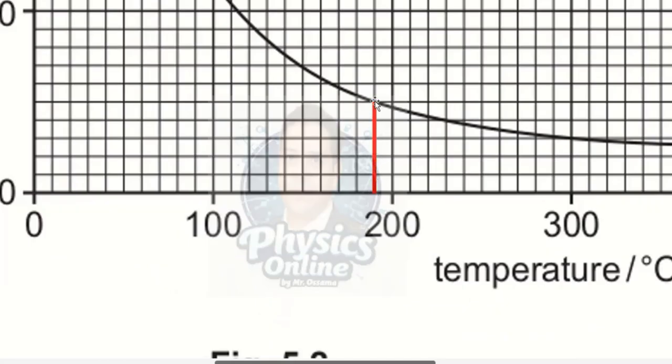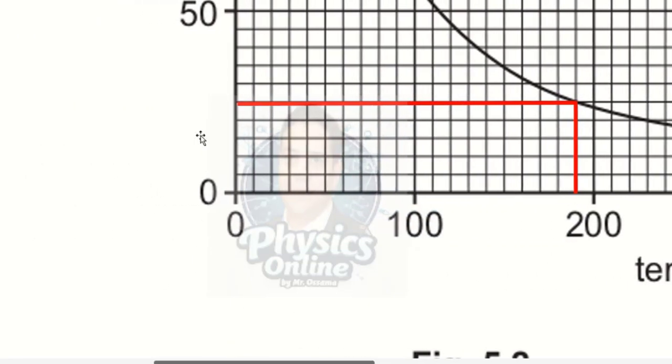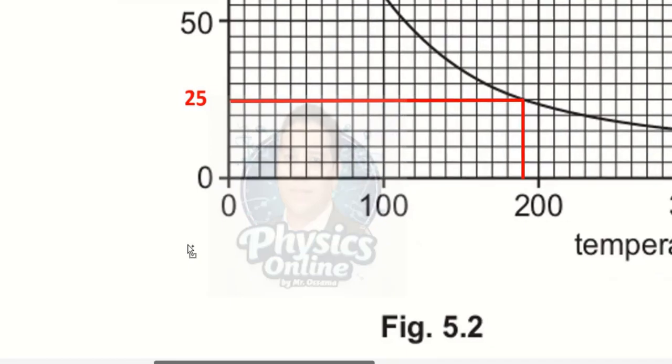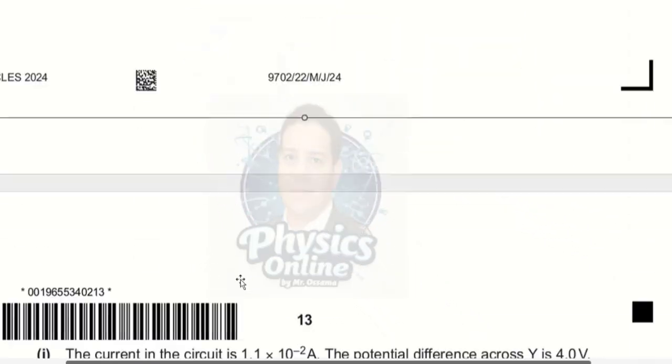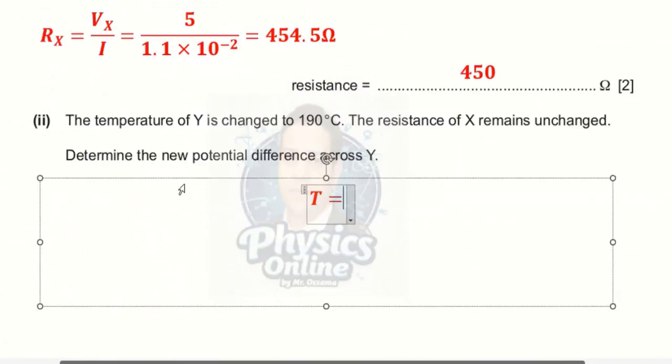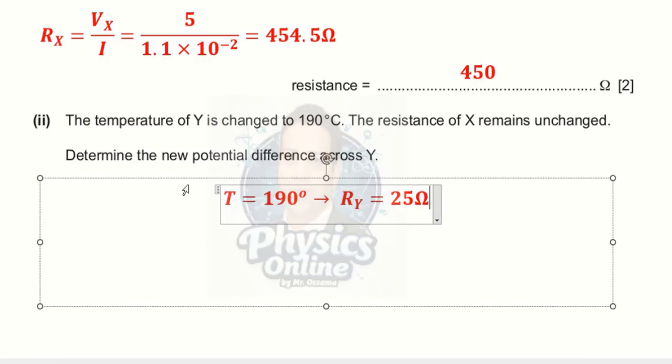A line here intersects with the curves 0 and 50. It's almost in the middle, or actually 25 degrees. When the temperature equals 190 degrees, the resistance of Y equals 25 ohm.